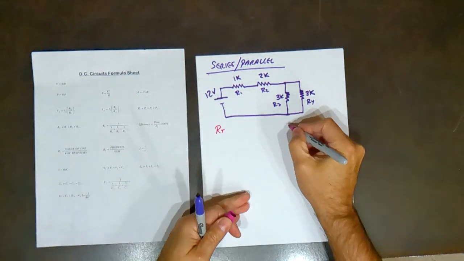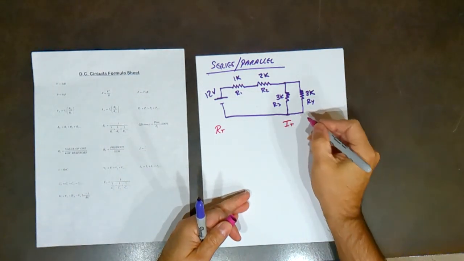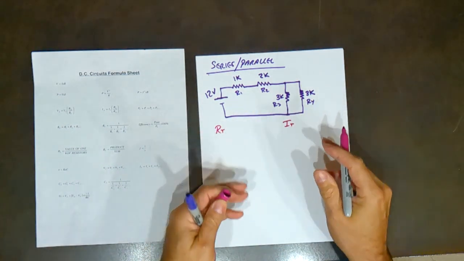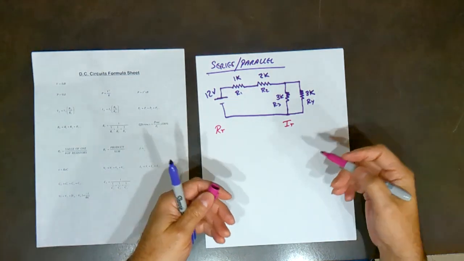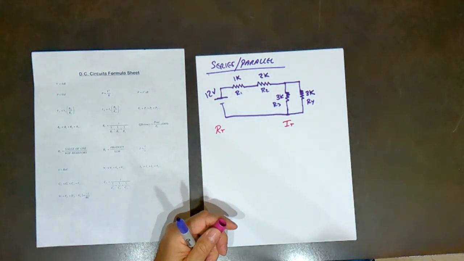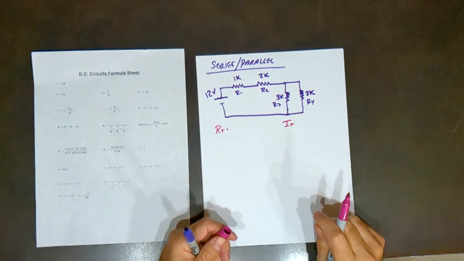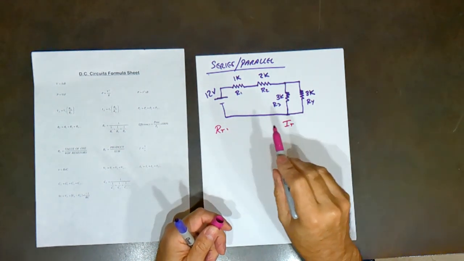Because R total will then give us I total, and then we can work our way through the circuit to calculate voltages and currents. The main focus to start would be R total, the total resistance of this circuit.